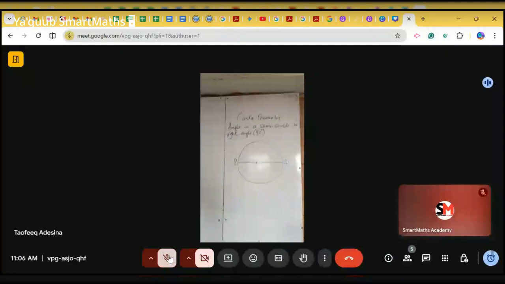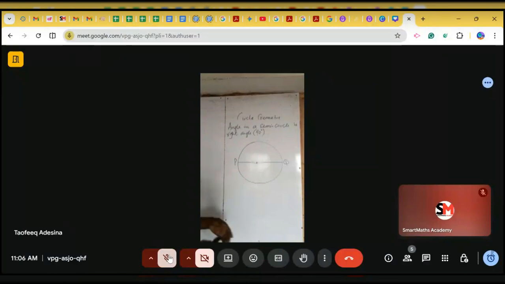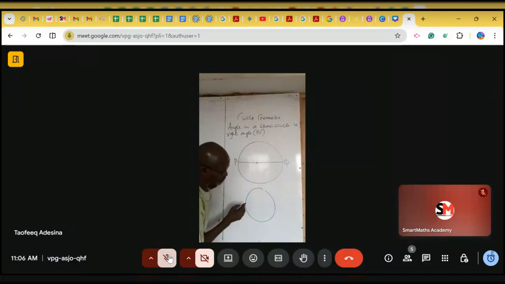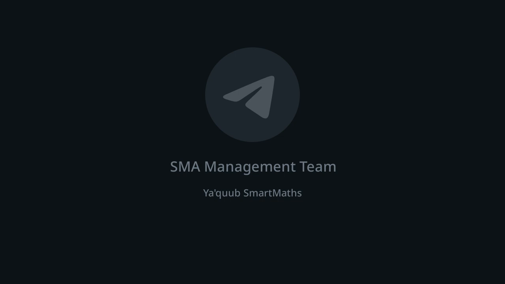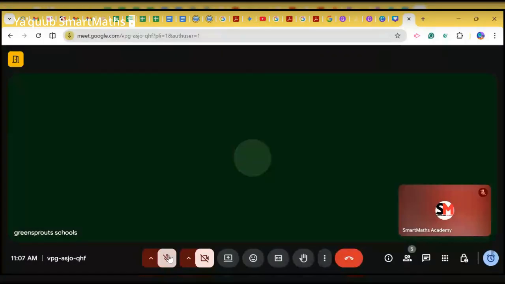In an exam, sometimes the diagram will not be that perfect. If I draw a line like this, and another line like this, are you saying that the second one is passing through the center?